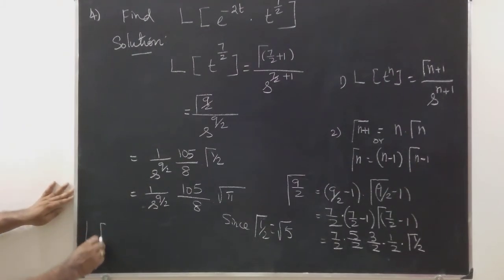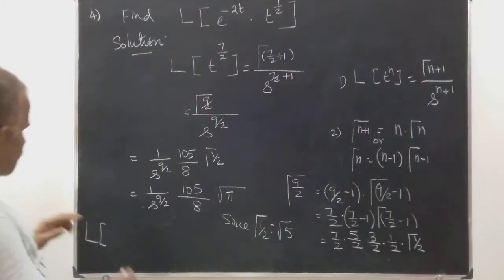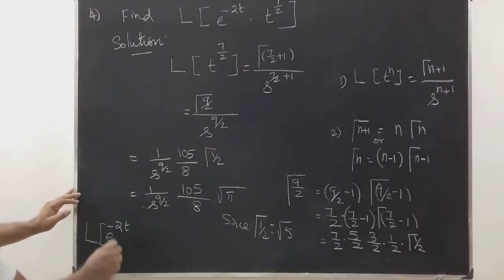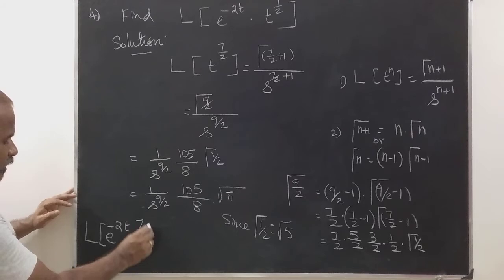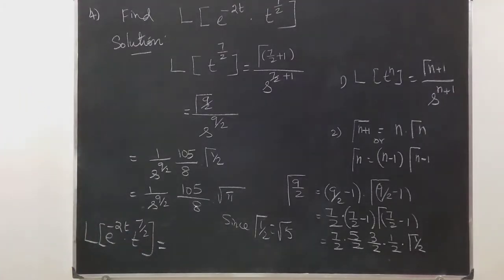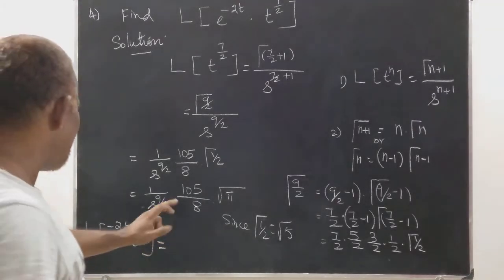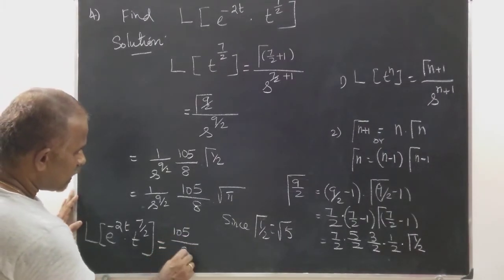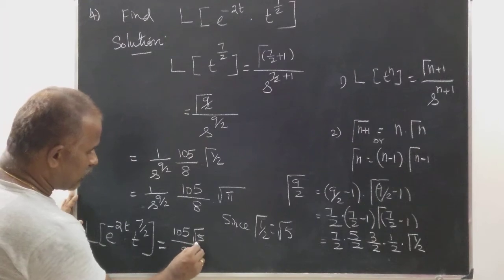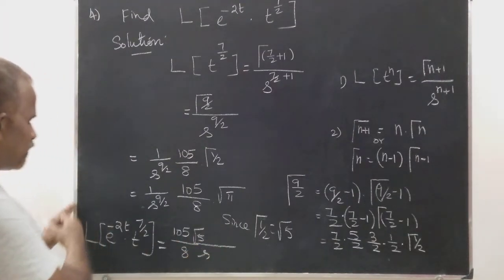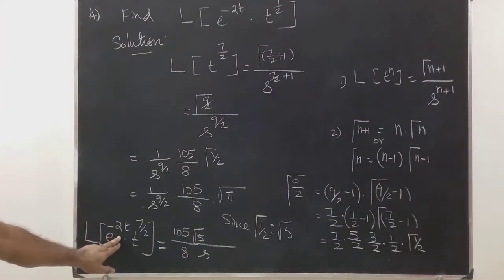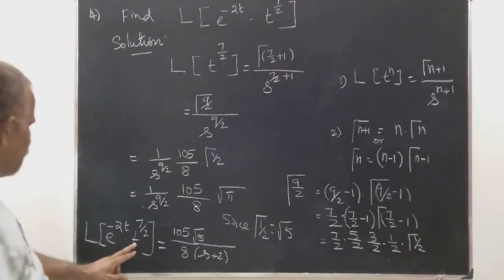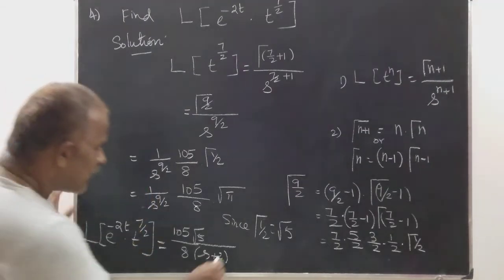Now the Laplace transformation of e power minus 2t into t power 7 by 2 is equal to 105 divided by 8 into square root of pi, with s replaced by s plus 2, so s plus 2 the whole power 9 by 2.